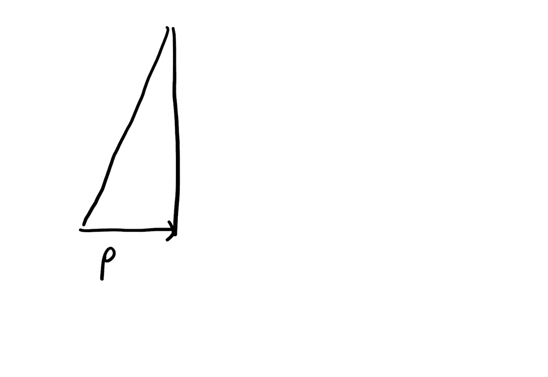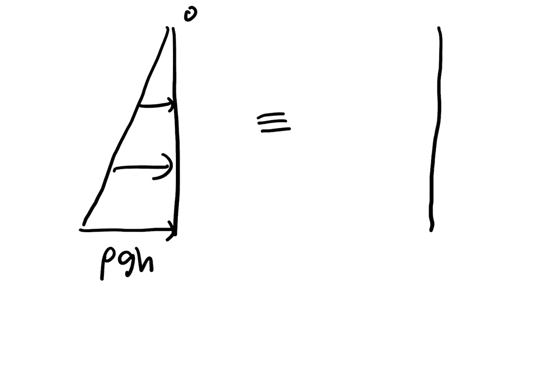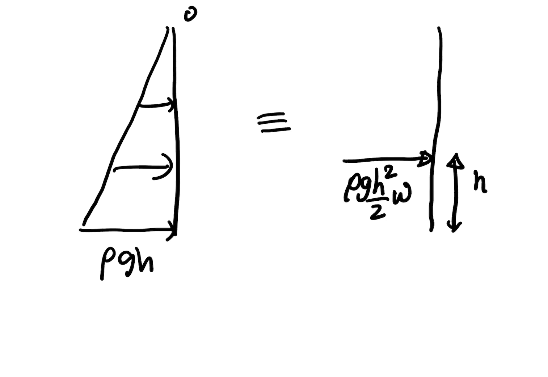Okay, so I can write this pressure distribution, which is rho g H and linearly decreases, as equivalent to a single force FR, which is rho g H squared over 2 times W, acting at a distance H over 3 from the bottom.